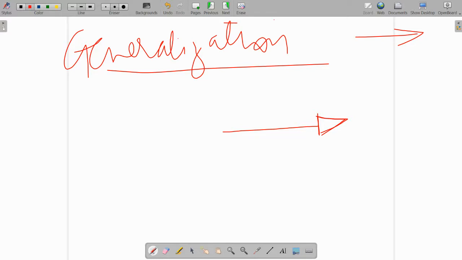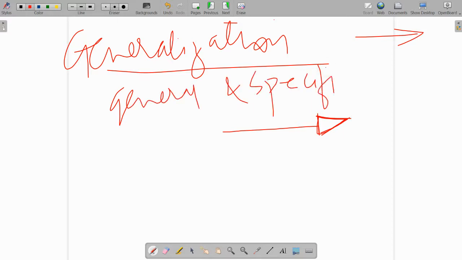If in developing the model I have to generalize something between the entities or the relationships, then it can be shown in the form of a block arrow, the relation between the general and the specific. That is called generalization.